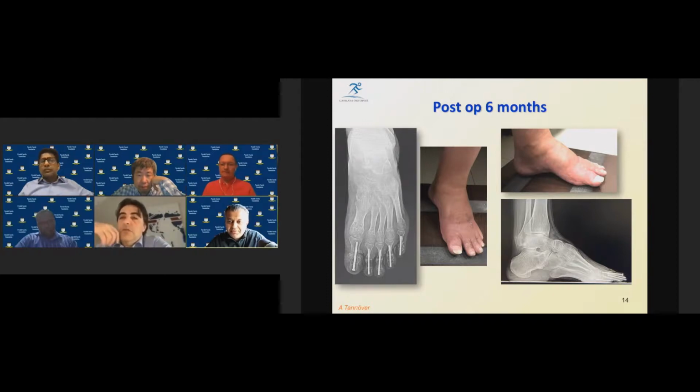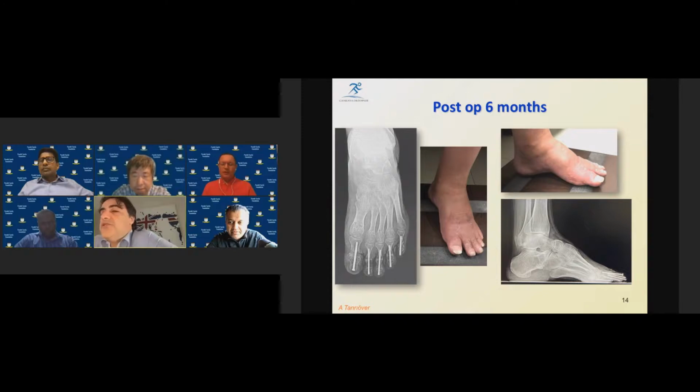Federico? Without any rotational correction? They're asking if there's a rotational deformity, are you just doing a dorsal closing wedge osteotomy, or are you also adding a rotational correction through the midfoot? For this case, no.